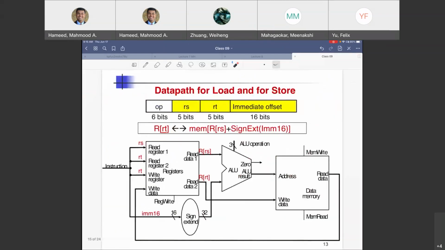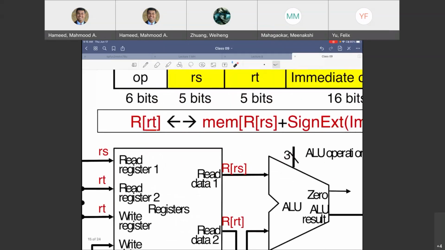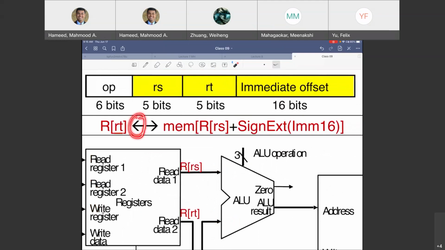All right, data path for load and store. So for load and store instructions, the goal is what? Compute the target address. Take the base address, take the offset, do the sign extension for the offset, add them to the base address, and then read the memory. When you read the memory, you put that result back into a register. That's for load. Load is this arrow. Whatever you have in the memory address. Which address?